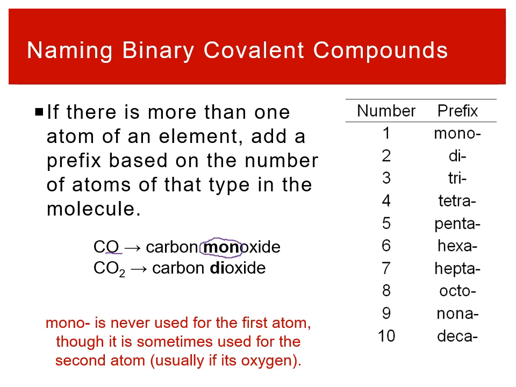Really, the only time you ever use mono as a prefix is with oxygen: carbon monoxide. We would never use it in the front. If oxygen is the first atom, you would never say monooxygen. It's only monoxide, right? That -ide has to be there when you're using mono. Mono is never used in the front. You only use mono on the second atom, and really only with oxygen.